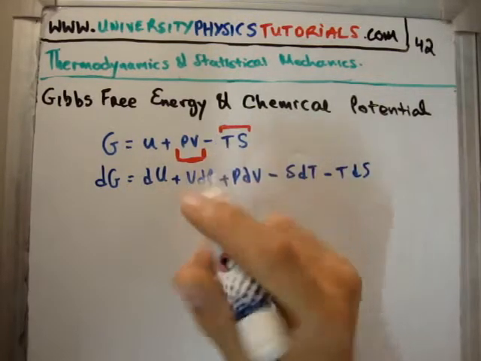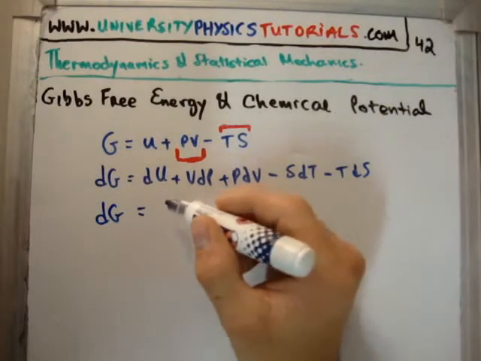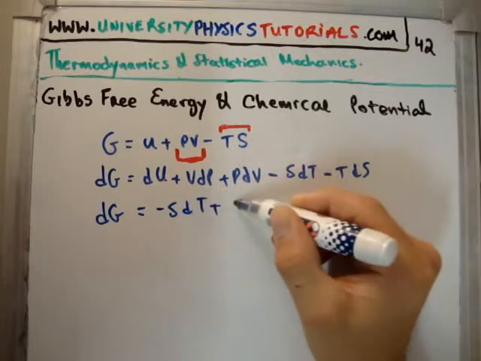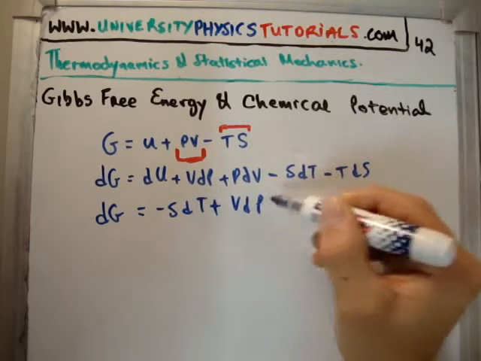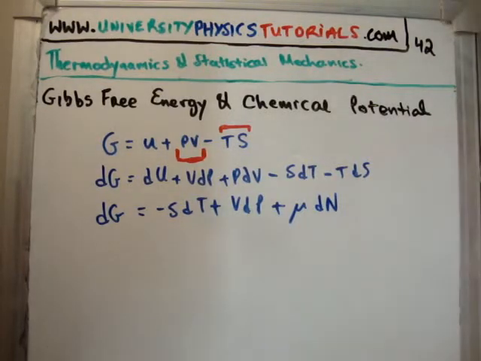That's just by the product rule. So when we subbed in the first law and cancelled out the remaining terms, we got minus S dT plus V dP plus mu dN equal to the infinitesimal change in the Gibbs free energy.